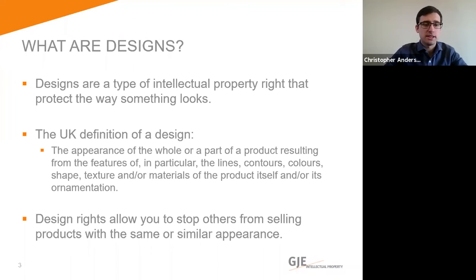Now, a product doesn't need to have any one or all of these in order to qualify for design protection. However, these are just examples of the kind of things that can be protected using design rights. And so what do they do? Well, design rights are there to allow you to stop others from selling products that have the same or a similar appearance to your protected product.